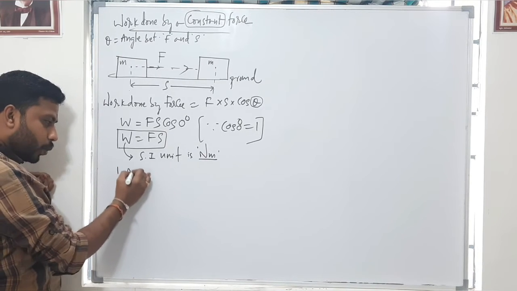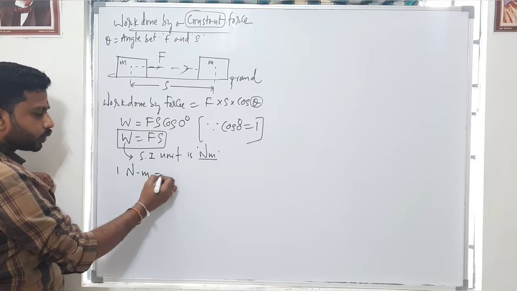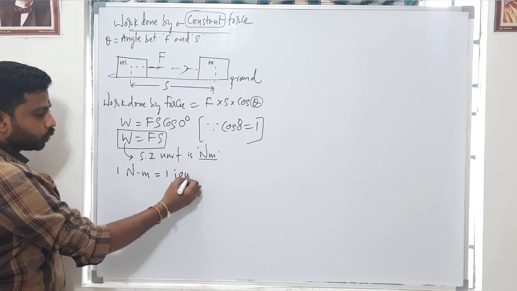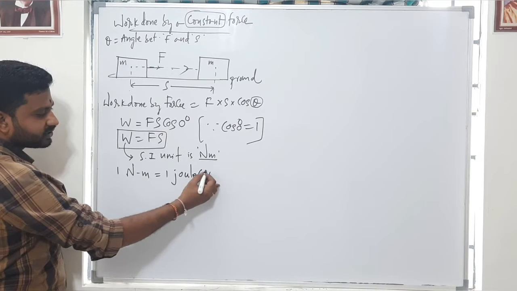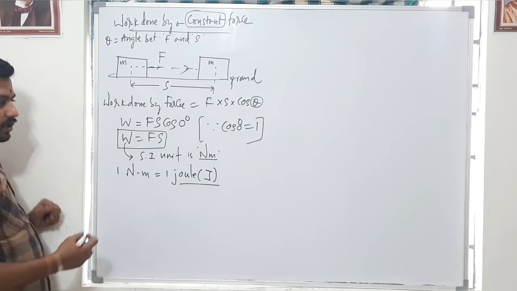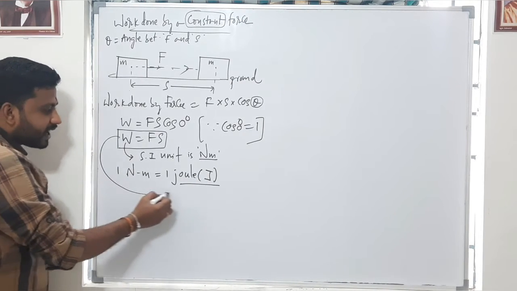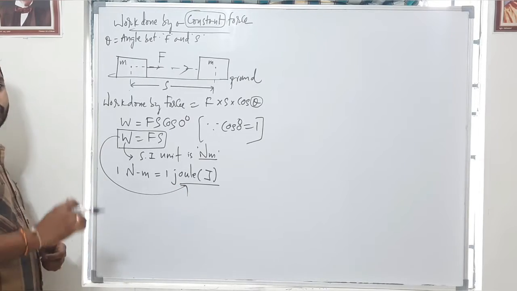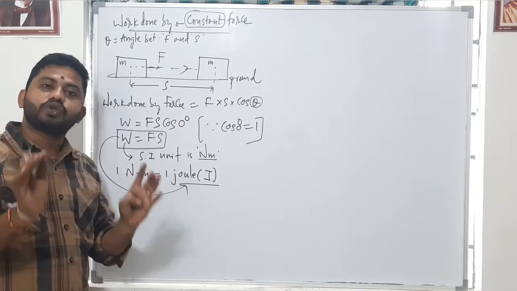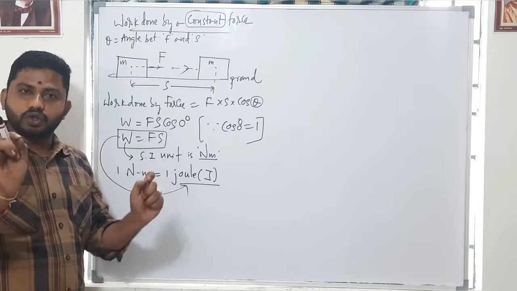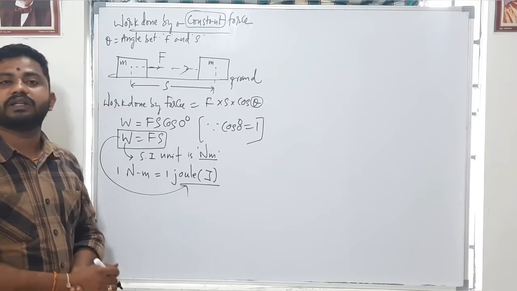And 1 Newton meter is equal to 1 joule. This is represented with the symbol capital J. So finally, what is the SI unit of the work done? Joule. Understand? 1 joule is 1 Newton meter.